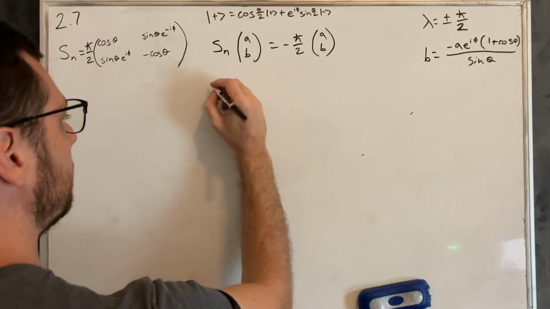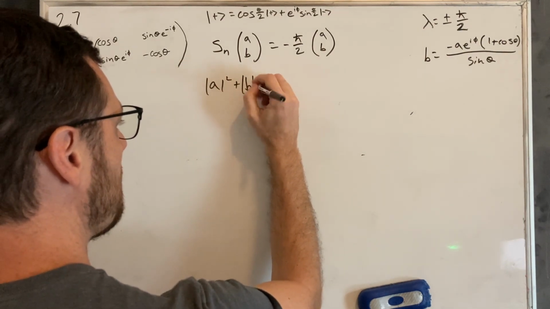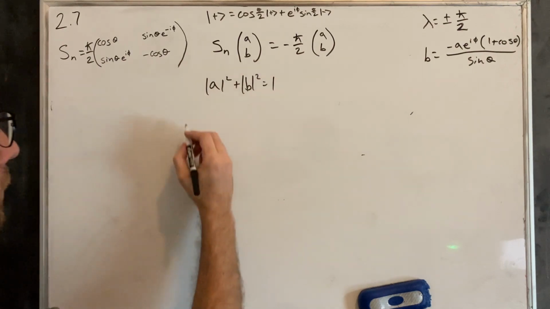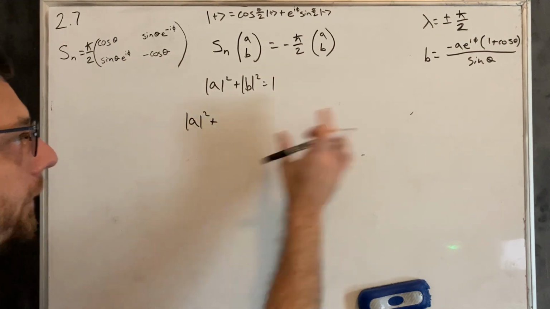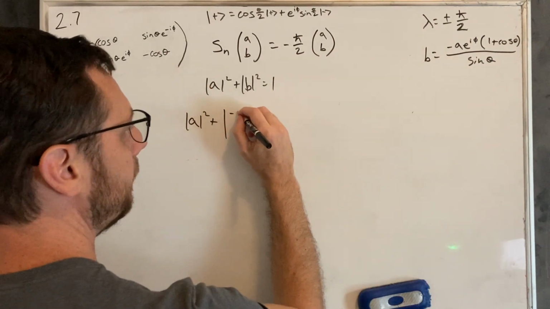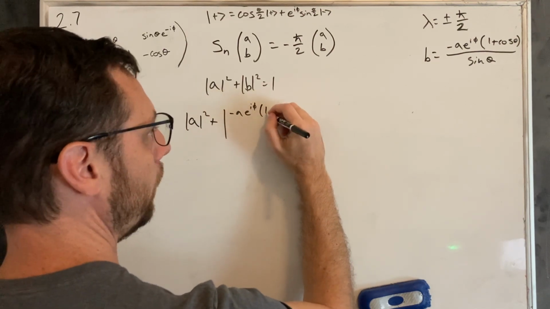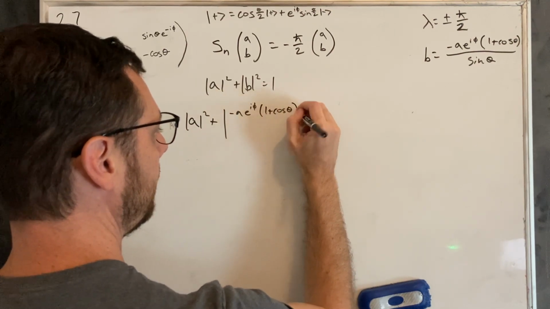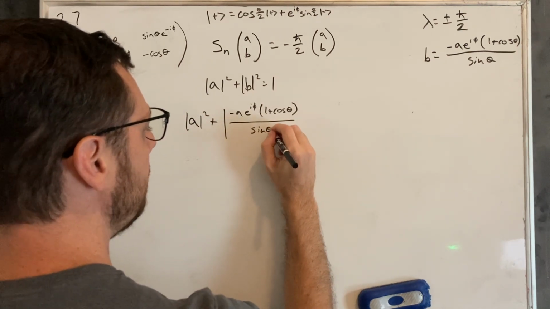And again, our normalization factor is a squared plus b squared equals 1. So a is a. B is going to be this, so negative a e to the i phi times 1 plus cosine theta all over sine theta.